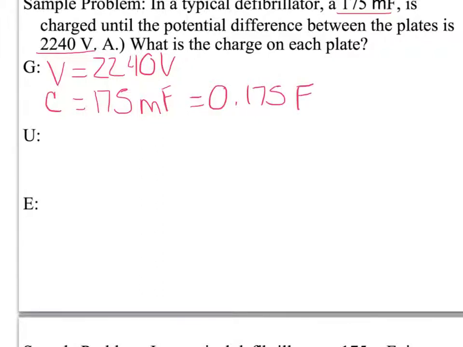The unknown in this problem is charge. So we're going to say capital Q equals a question mark. We know that our equation for charge is Q equals C times V.